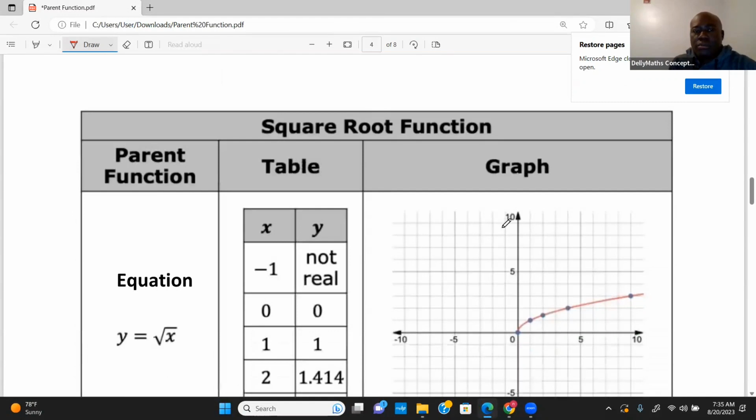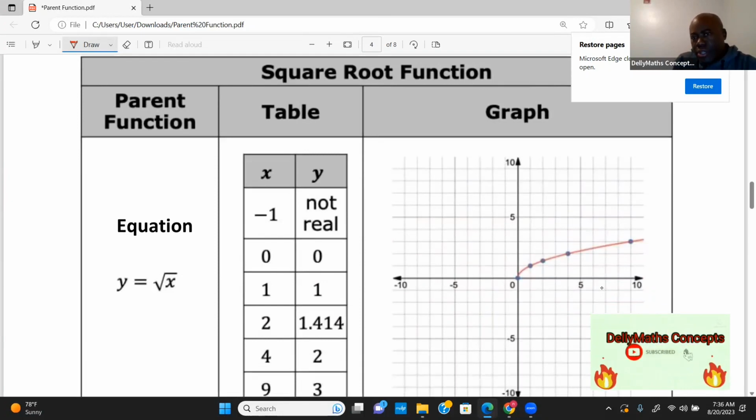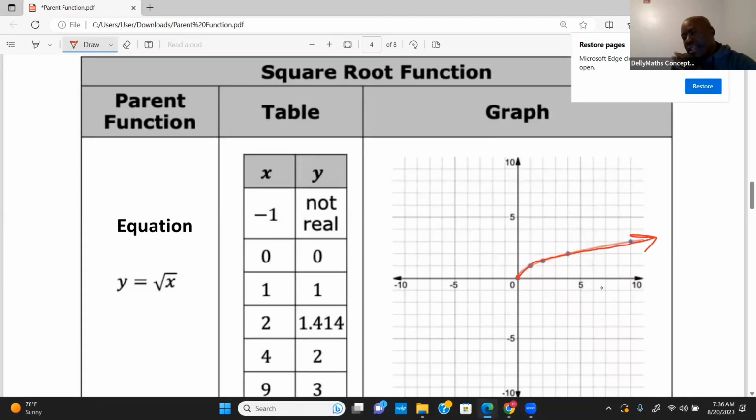Square root function. Now, the square root function, take a look at it. Look at what its shape is like. You can see it starts right here where 0 is, and then it topples off, and it's going like that forever, right? And you can see it's getting taller as well.